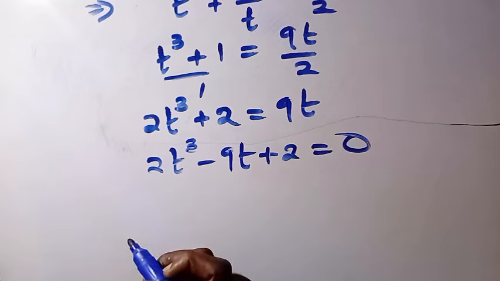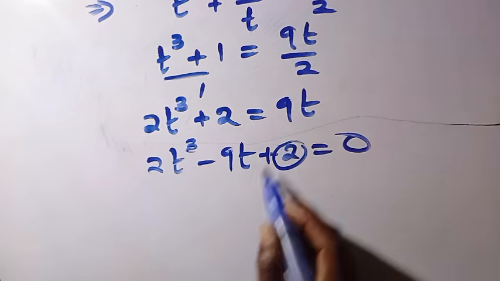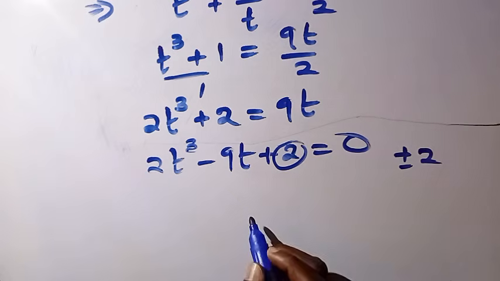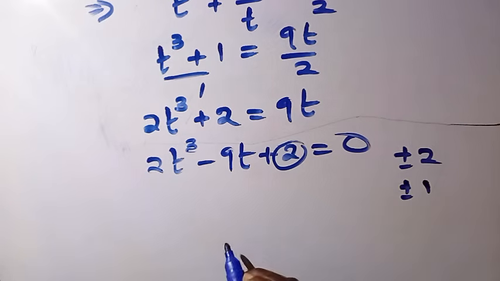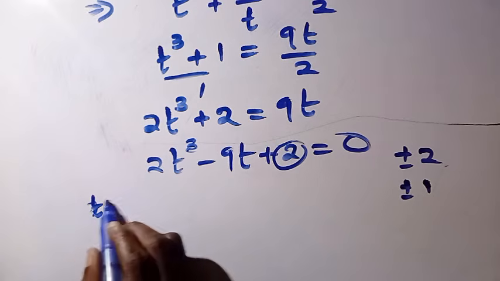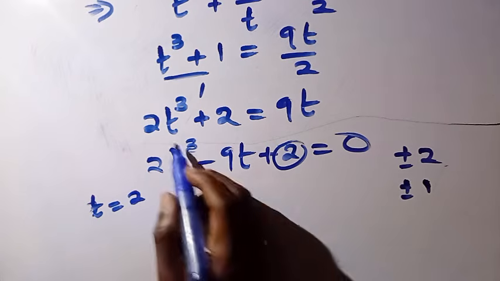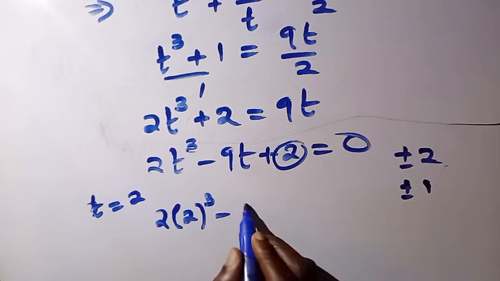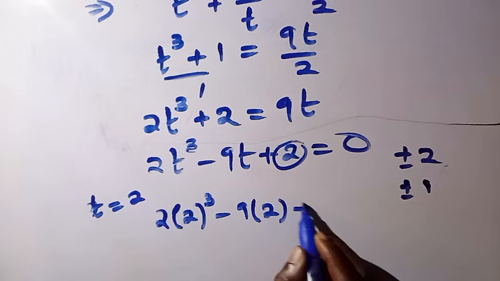If I test for different numbers, let's say I start from these constant values, we can have plus or minus 2 here. We can have plus or minus 1. Suppose I test t equals 2. Substituting in this, we have 2 into bracket of 2 raised to power 3 minus 9 into bracket of 2 plus 2.